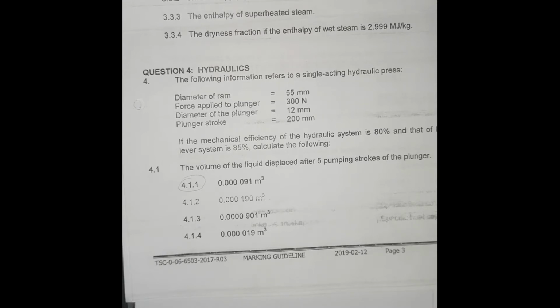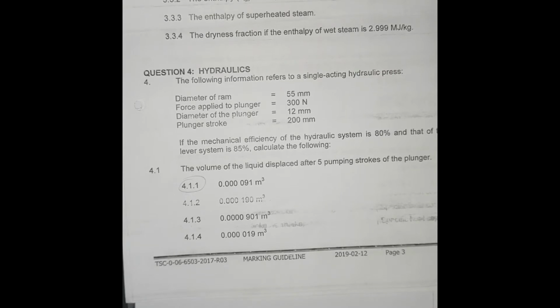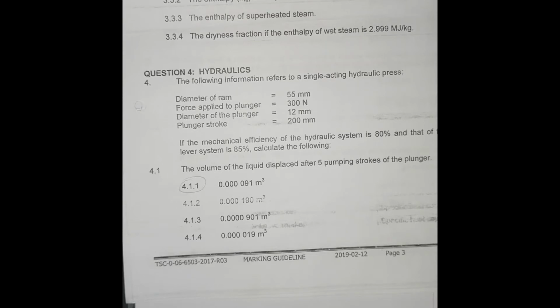And then they say if the mechanical efficiency of the hydraulic system is 80% and that of the lever system is 85%, calculate the following. So firstly, we would like to explain the percentages or the efficiencies that were given here. The mechanical efficiency of the hydraulic system is 80%.